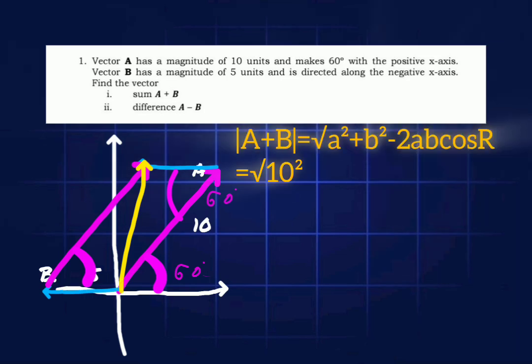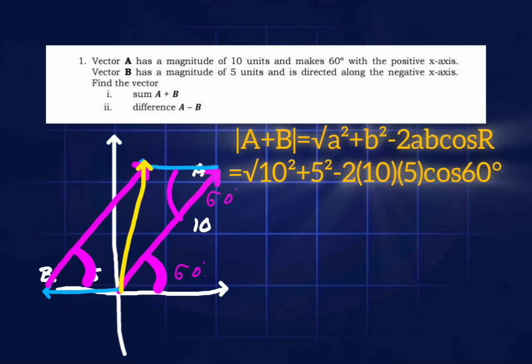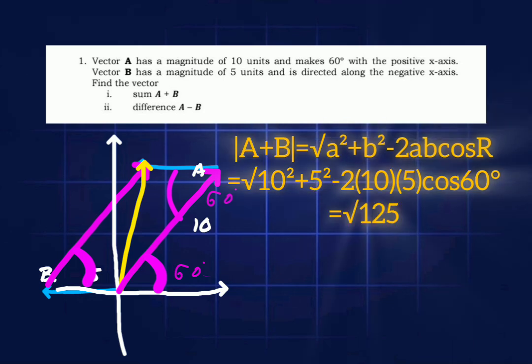That's the square root of 10 squared plus 5 squared minus 2 times 10 multiplied by 5 cosine of 60. If we square 10 and 5 and add them, that gives us 125. Multiplying 2 by 10, then by 5, gives us 100.